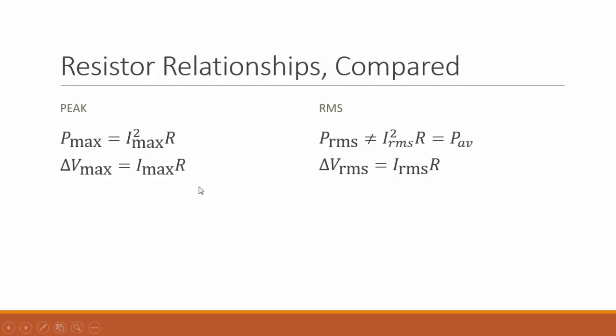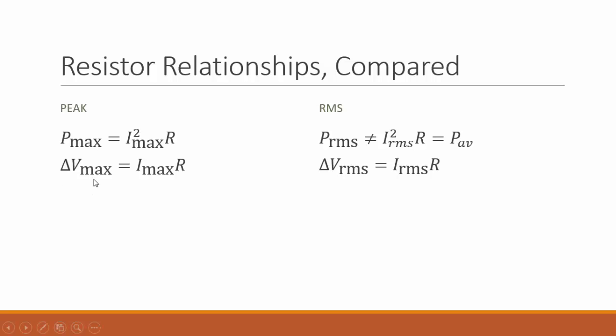The other way to talk about it is a peak value, and you can use the formulas as before with the max or peak subscript, depending on how you want to call it. So the peak power is the peak current squared times the resistance, or the peak voltage drop squared over the resistance, or the product of the peak current times the peak voltage drop.